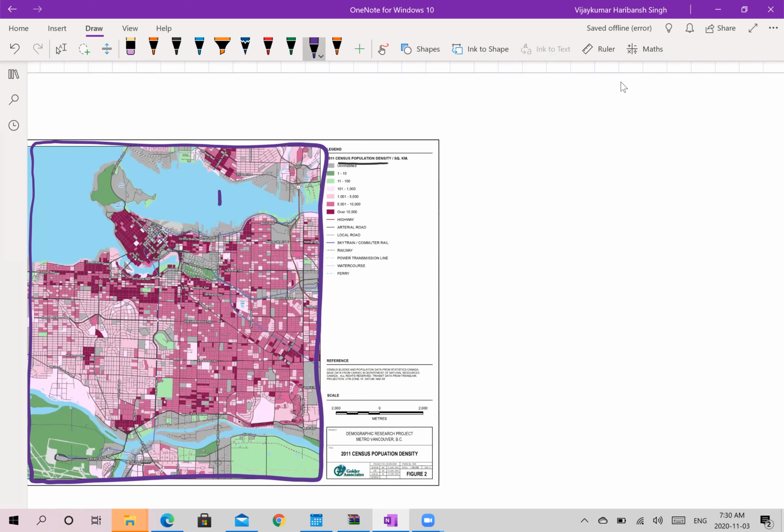Let's call this D. Then the population of Vancouver, because you're given population density, is going to be the integral over this region D, which is essentially the area of Vancouver, of delta(x,y) dA.